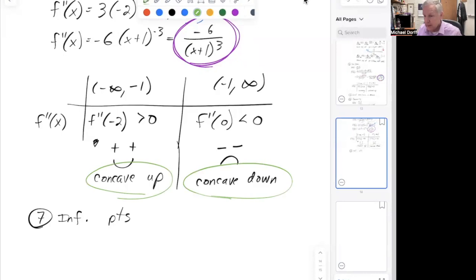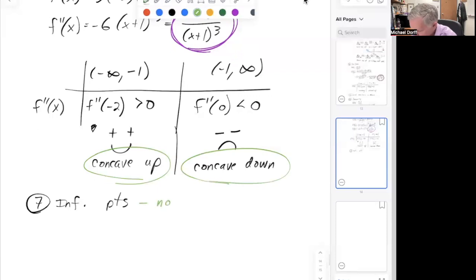But x equals -1 is not in my domain. So there is no inflection point, because where it changes from concave up to concave down is not in my domain.